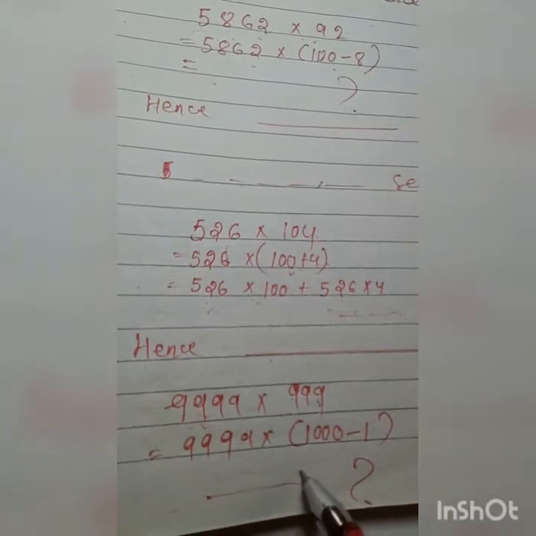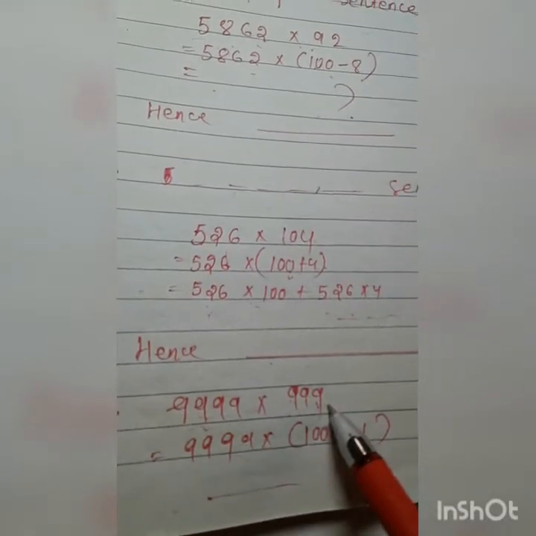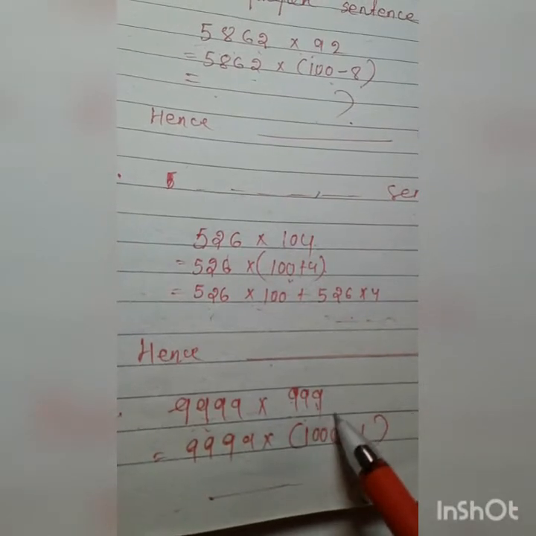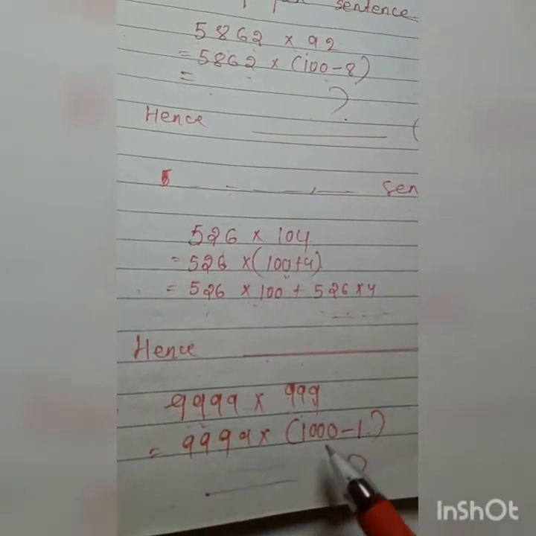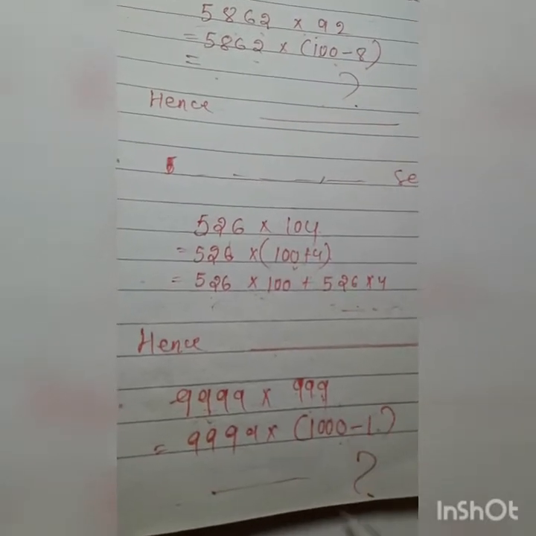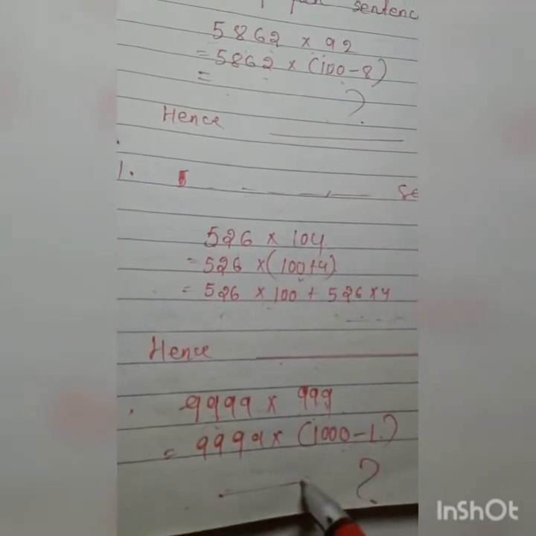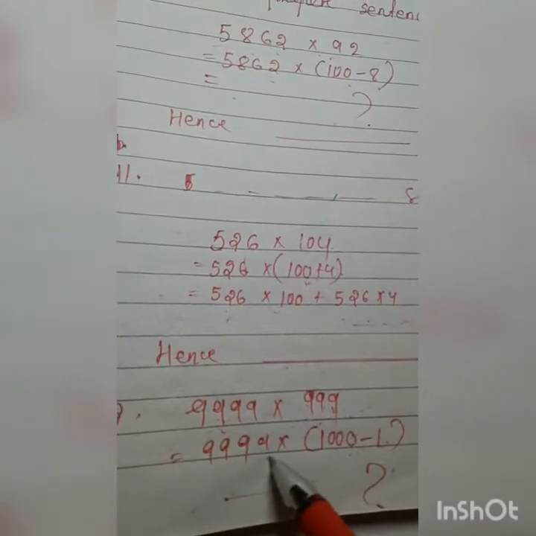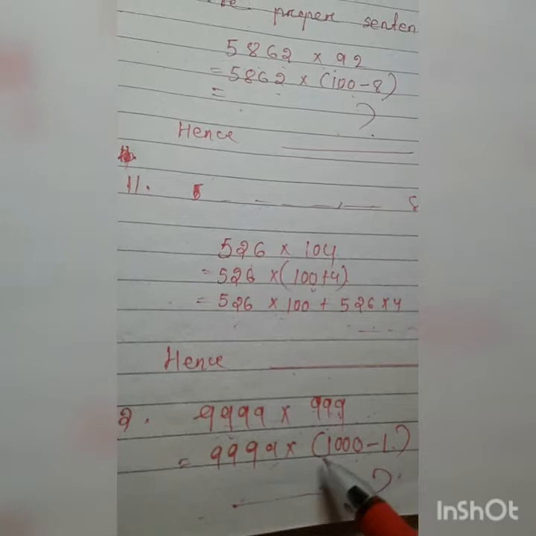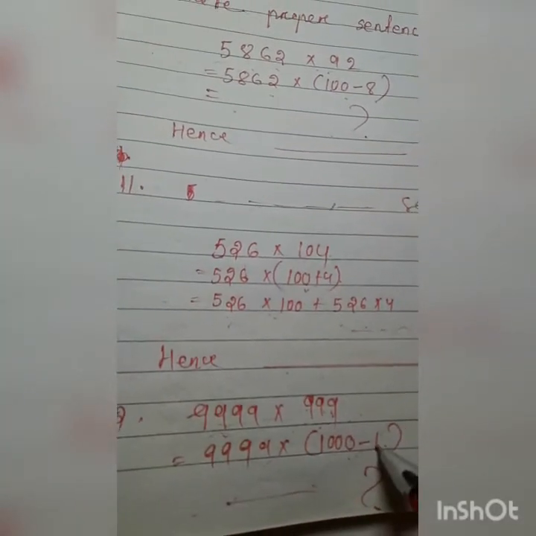Then here you write like this. This 999 you have to convert like this. 999 means, children, 1000 minus 1. If you subtract 1 from 1000, then you get 999. Then you use distributive property, means you multiply this number first here, then you multiply with 1.